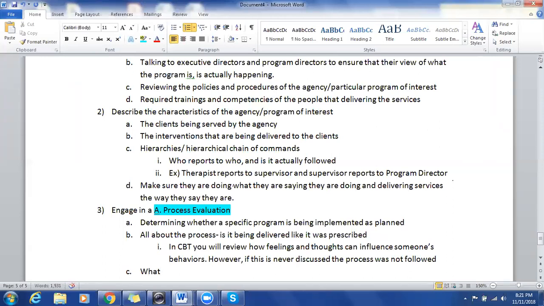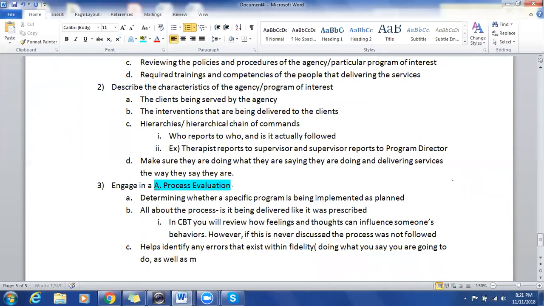And this is what helps identify any errors that exist within fidelity, or doing what you say you are going to do, as well as measuring the particular results.